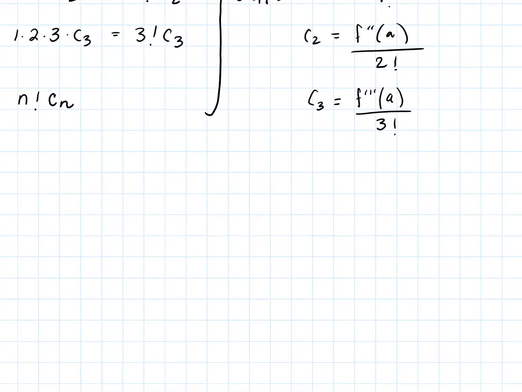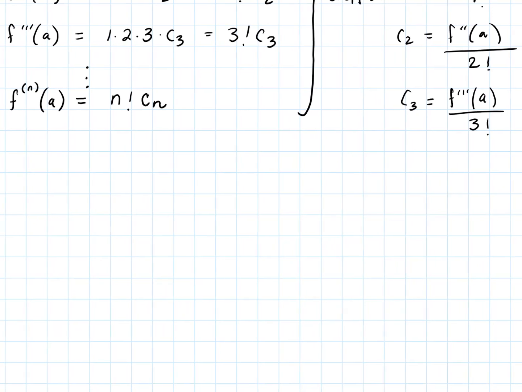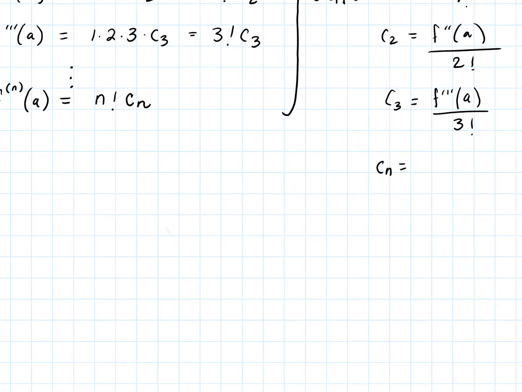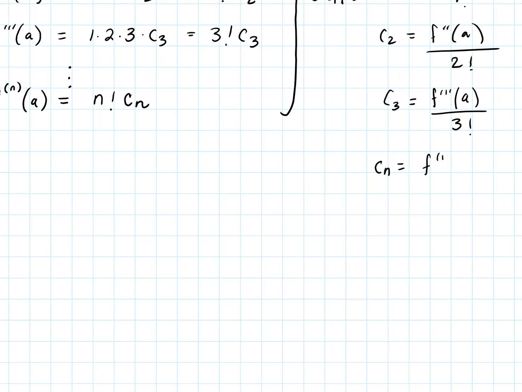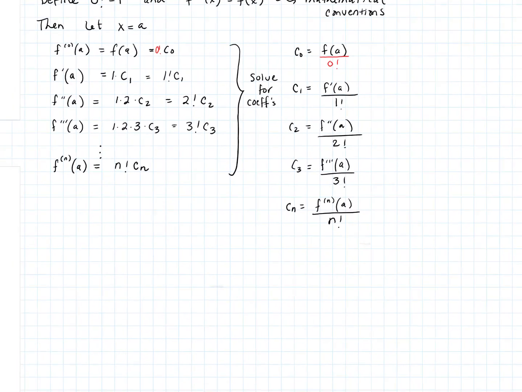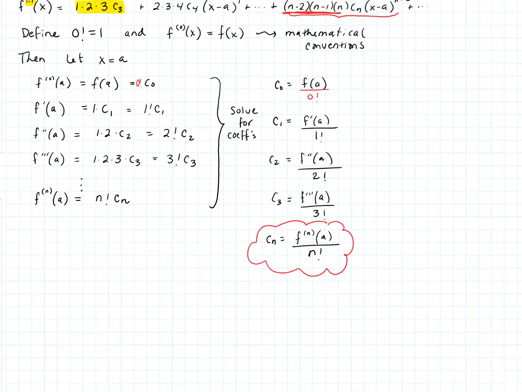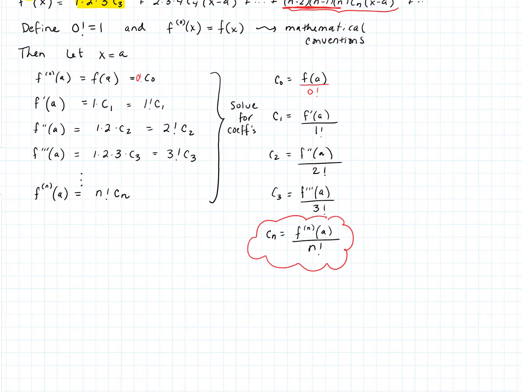And if we keep going and we see that pattern, the nth coefficient c sub n is equal to the nth derivative of the function evaluated at a divided by n factorial. All right, so we have now come up with a way in which we can actually find those coefficients. If a function has a power series representation, then we can find its coefficients by taking repeated derivatives and evaluating them at the point at which we're centered.